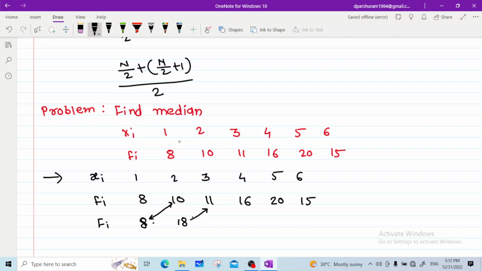Then 18 plus 11, which is 29. 29 plus 16 is equal to 45. 45 plus 20 is equal to 65. And 65 plus 15, which is equal to 80.